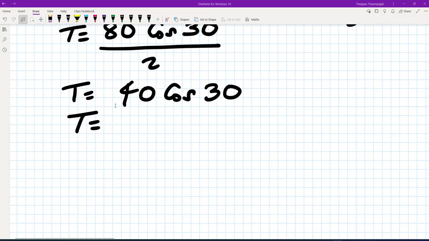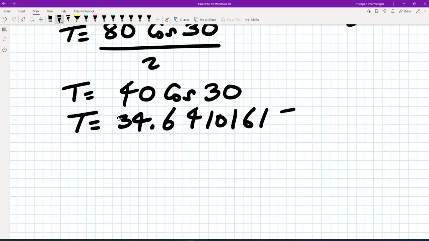So from my calculator, I get 34.64101615. Let's make the 4 a bit clearer here.